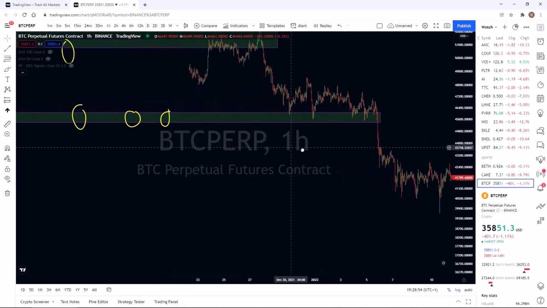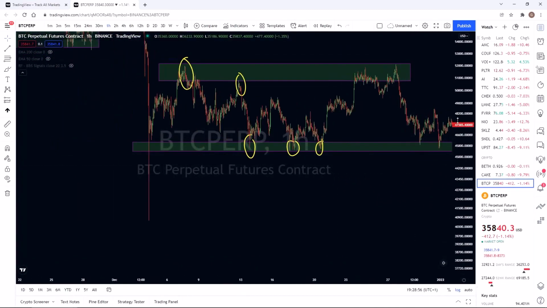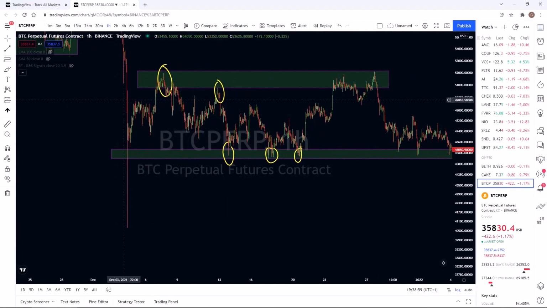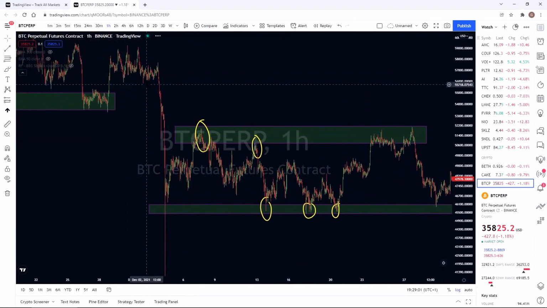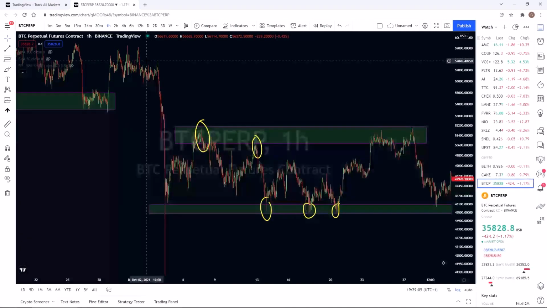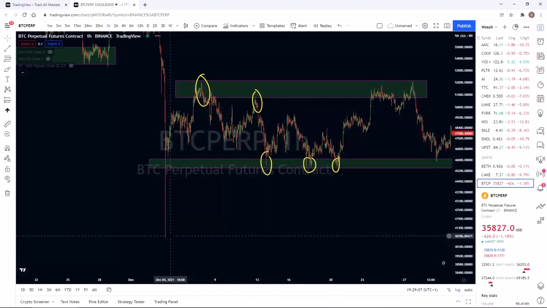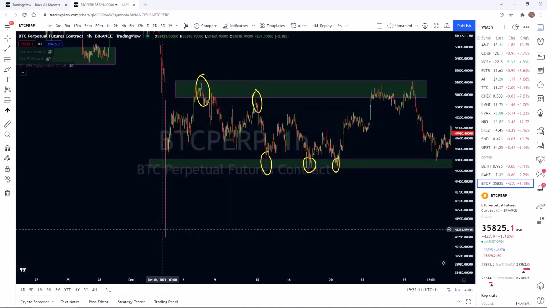Here we can see, right here, at the start of December, Bitcoin crashed down from about $58,000 or $56,000 all the way down right here to a low of around $40,000. And after this, the price started to rise again and hit a resistance of around $50,000 to $52,000.